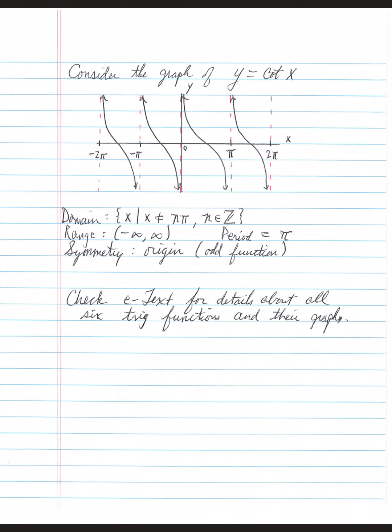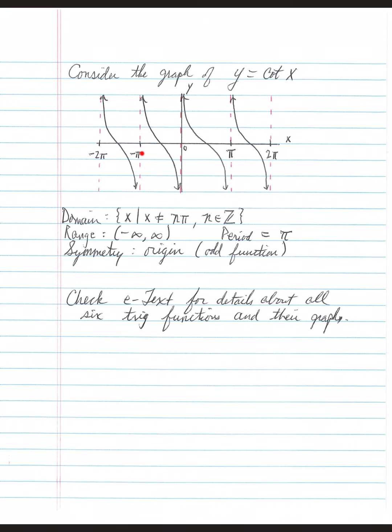And finally, cotangent. You have streaks in the opposite direction. They're inverted. Cotangent is 1 over tangent. And instead of odd multiples of pi over 2 having vertical asymptotes, multiples of pi are where cotangent has vertical asymptotes. So its domain is any angle except for multiples of pi.